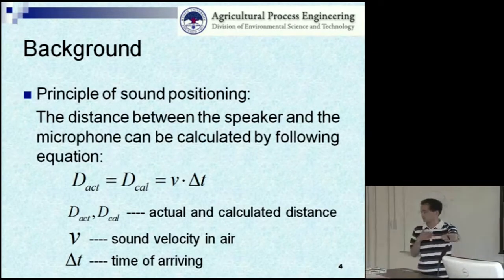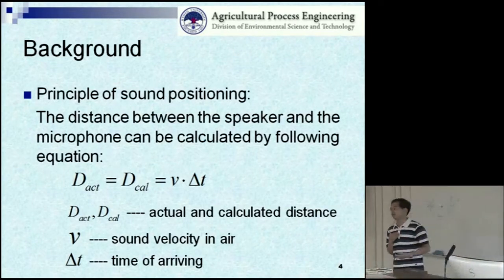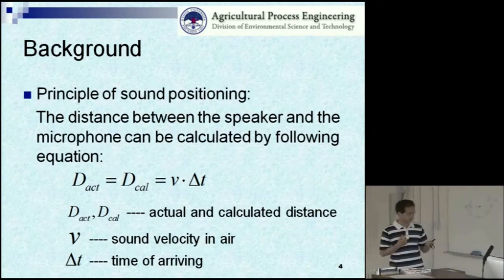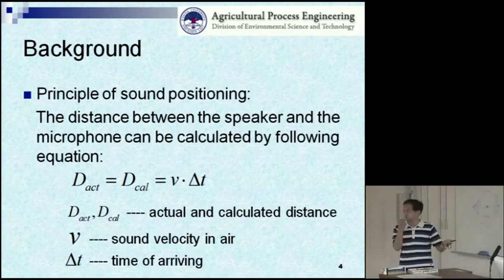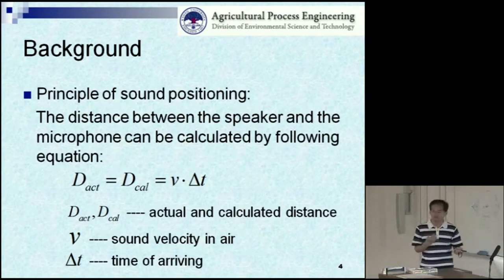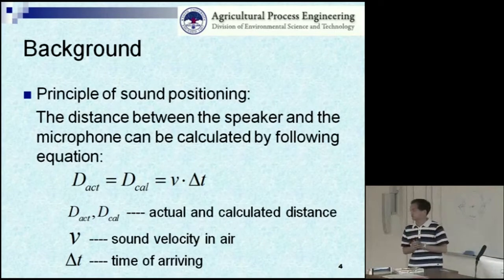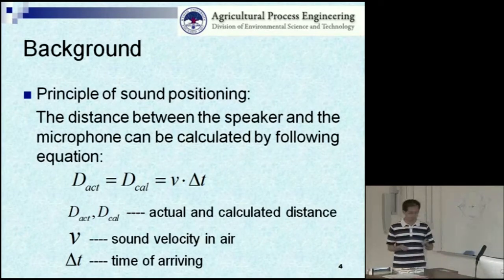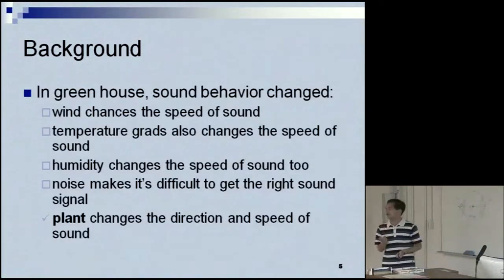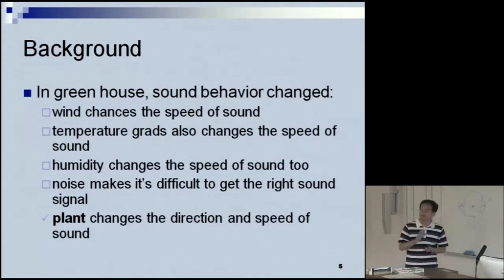We can get the distance between me and the microphone just by the velocity of the voice and the time it needs to travel from me to the microphone. It's a very ideal condition. But in a greenhouse, many factors will affect the accuracy of the mathematical model.